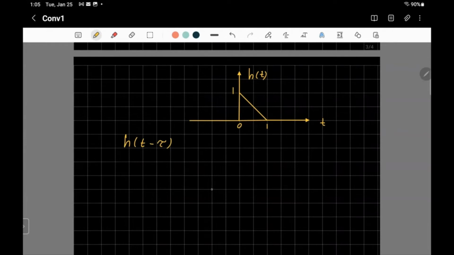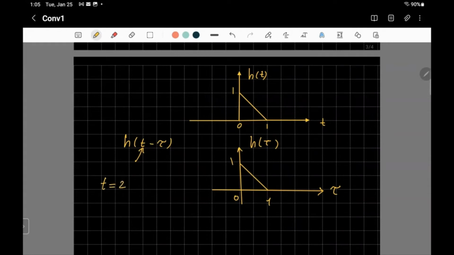It's easy. All you have to do is exchange t and write tau, and that will be h of tau. Nothing actually changed, I just changed the name. But now, let's try to train your brain. Tau is the variable, not t. Small t is now like a constant. For example, you can say t equals 2.